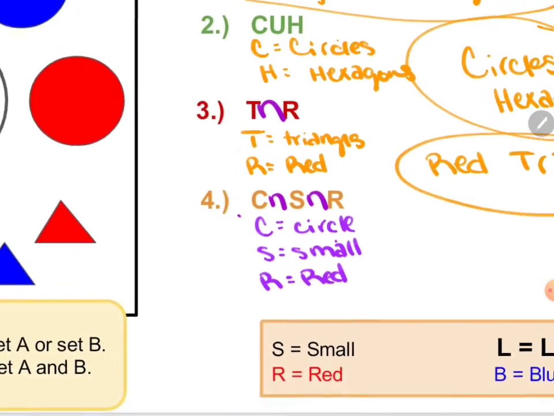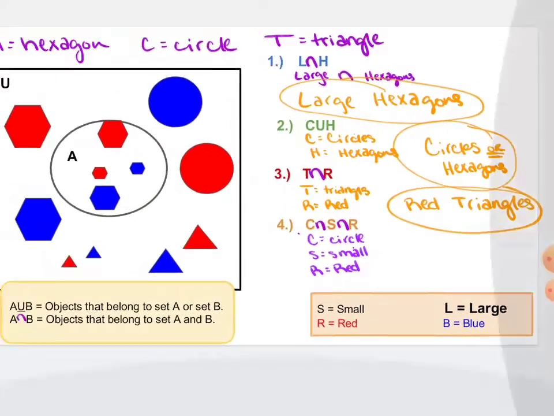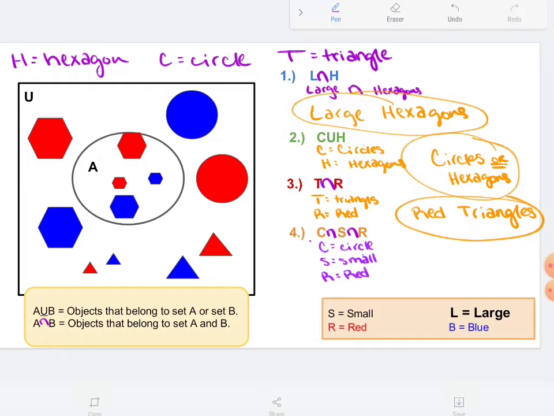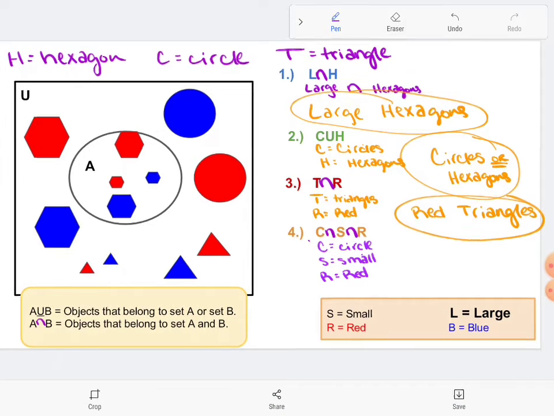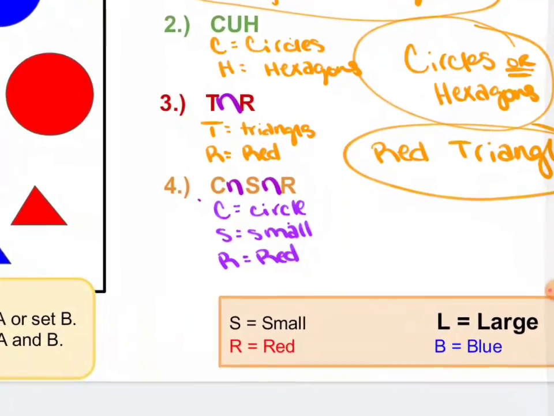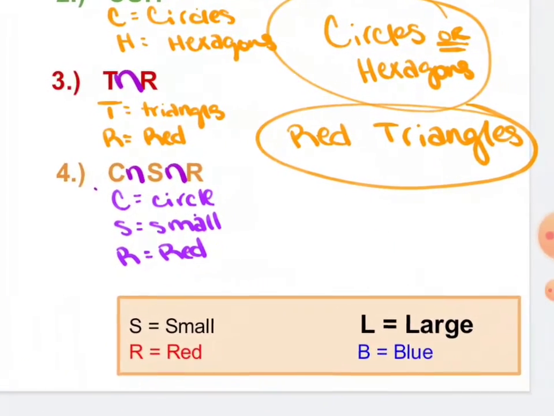Now we know from this that we are going to have red circles or small red shapes.